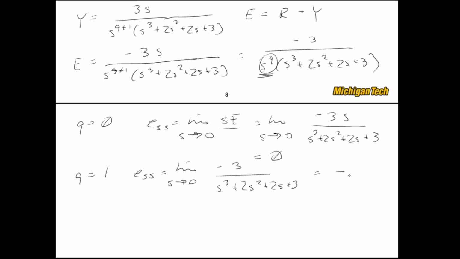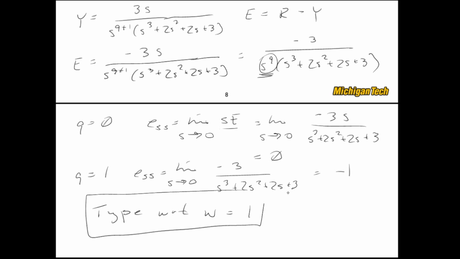And so I get negative 1, a constant not equal to 0. So the type with respect to the disturbance w is equal to 1. So let's go ahead and simulate this quickly and verify these results.